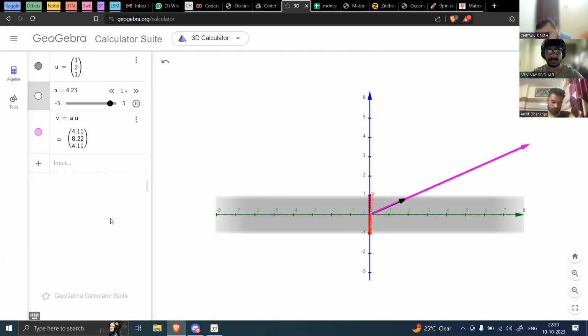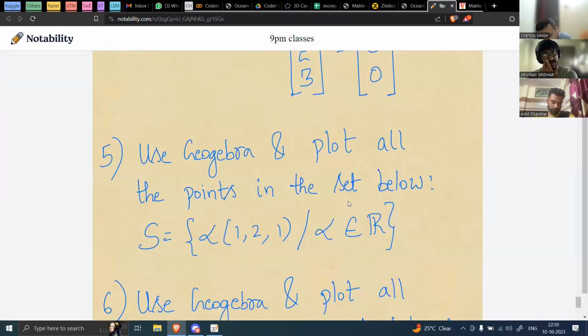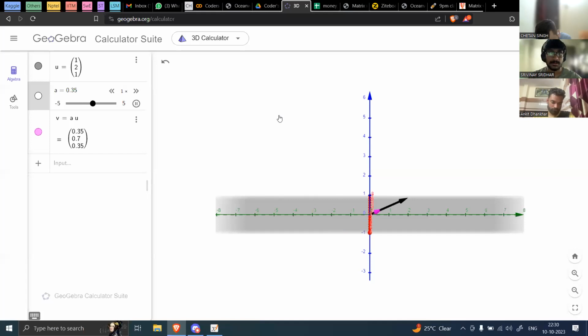So use GeoGebra and plot all the points in the set below. Alpha 1, 2, 1. Right? So if I plot it, how would I plot it?